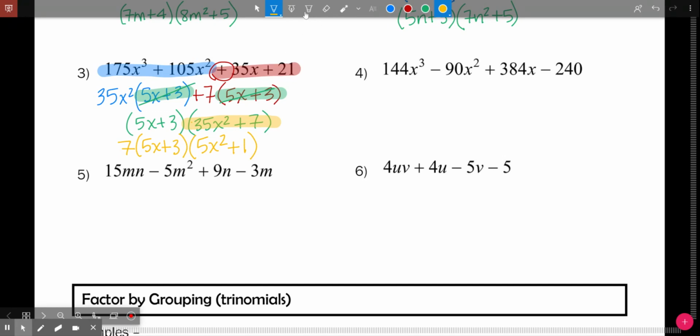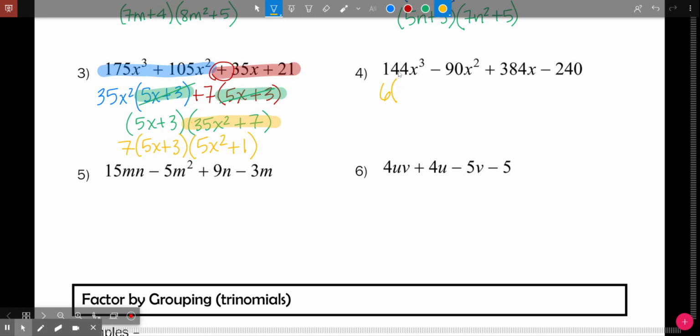One way to avoid the confusion is to look for the greatest common factor across all of your terms in the very beginning. So in number 4, I know that between 144, negative 90, 384, and 240, I have a 6 in common.